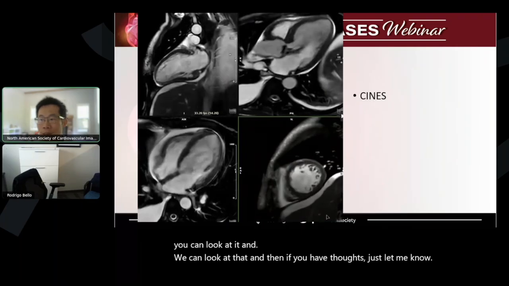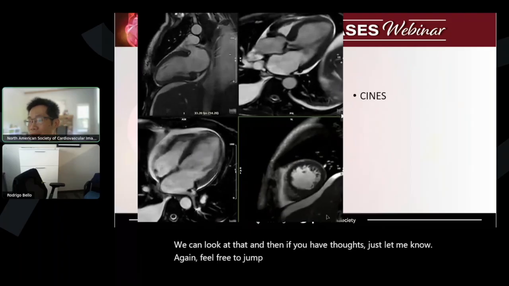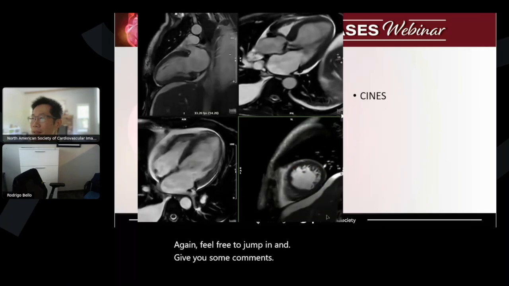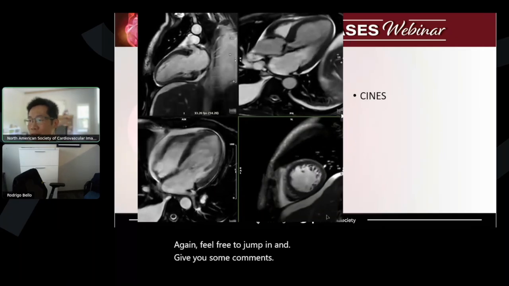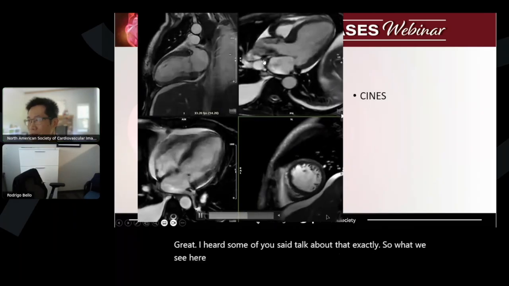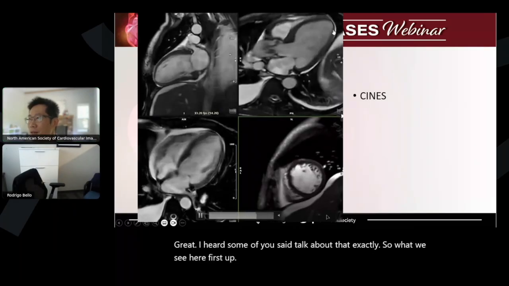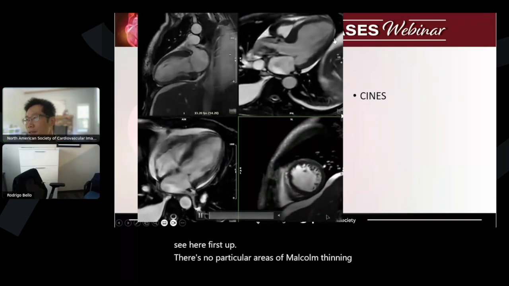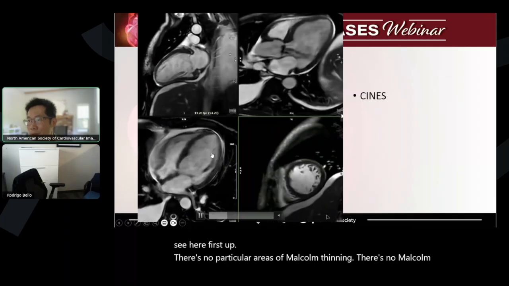Again, feel free to jump in and give some comments. Great. I heard some of you talk about that. Exactly. So what we see here, first, there are no particular areas of myocardial thinning. There's no myocardial hypertrophy, but definitely there are motion abnormalities.